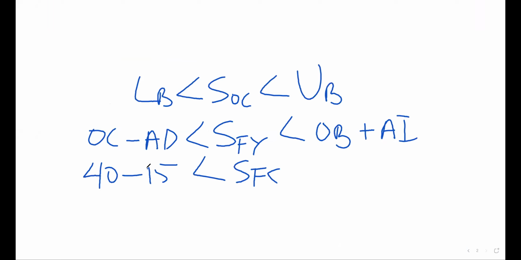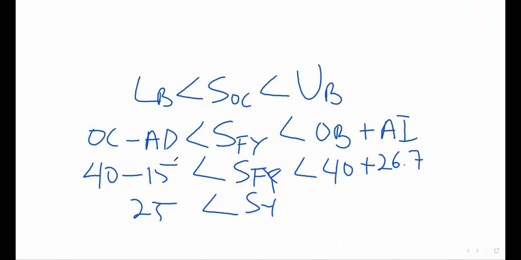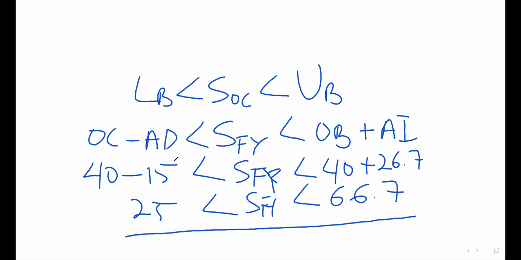And then the sensitivity range for the upper bound will be the 40 plus the 26.7. 40 minus 15 will give you 25. And then, 40 plus 26.7 will be 66.7.